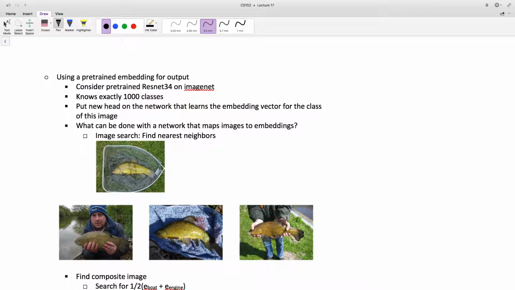What's the point of doing that? Here's the reason. So we have X, which is a picture, and we have Y, which is an embedding vector for this X. If we want to train our network, we have to make Y hat and Y be the same sort of things.